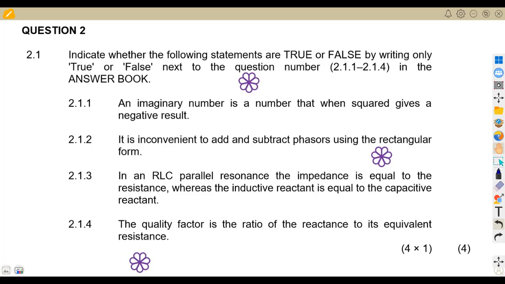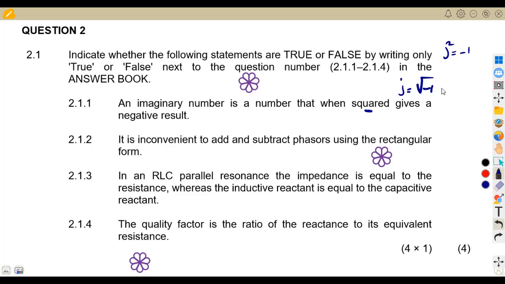We know that an imaginary number, that's a j, is equivalent to the square root of -1, or someone can use i, but we know that j is the best for engineering. So they are saying if you square it, is it going to give us a negative? Yes, if you square this, j squared is equivalent to -1.